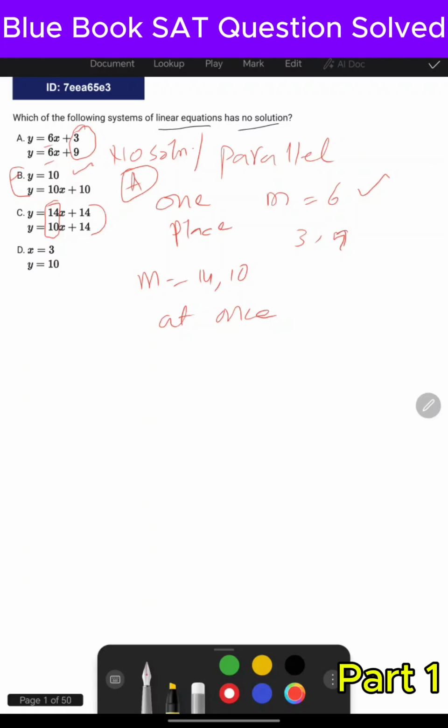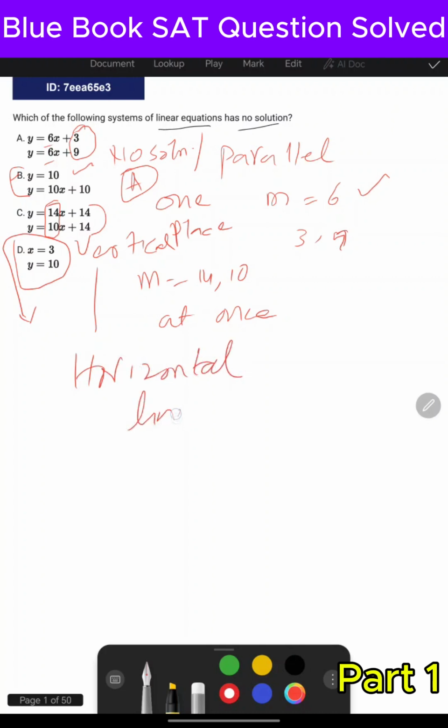And for D, we are talking about a vertical line and a horizontal line. Once there is a vertical and a horizontal line, they intersect at a point.